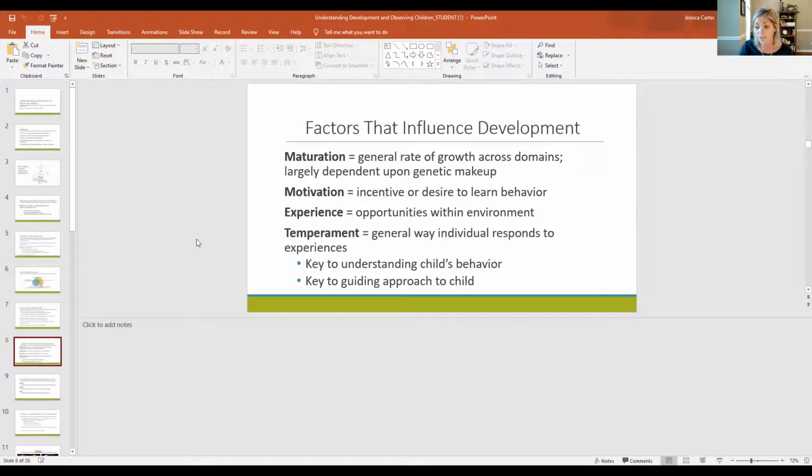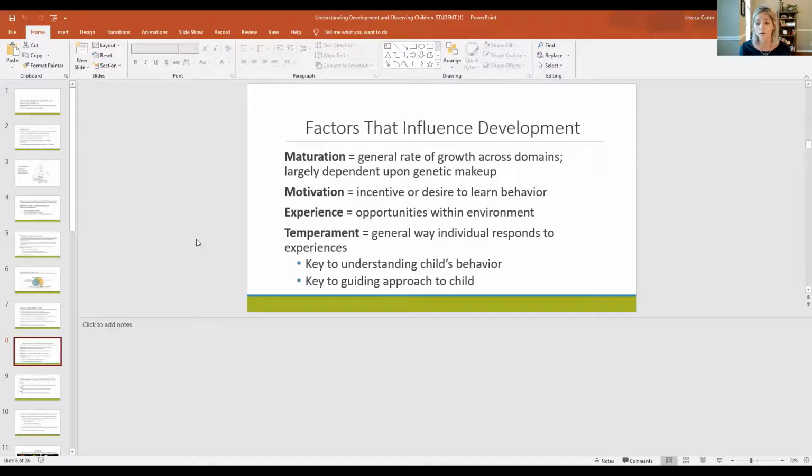Experiences are opportunities that the child has within their environment. So as adults, we want to provide environments that are conducive for learning and that give children lots of opportunities for rich and meaningful experiences. And then temperament is that general way within the individual that they respond to experiences.